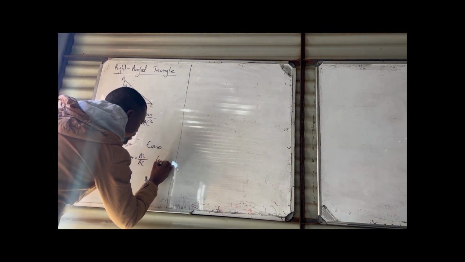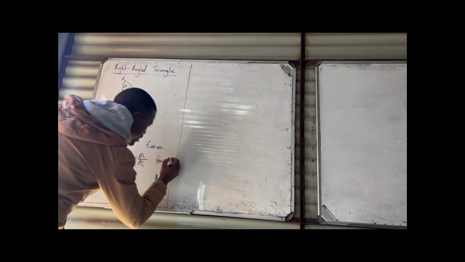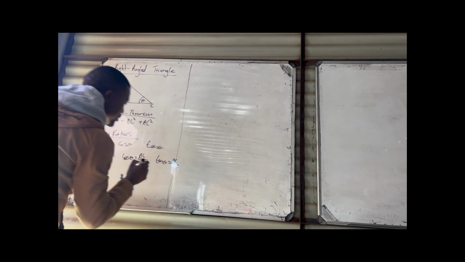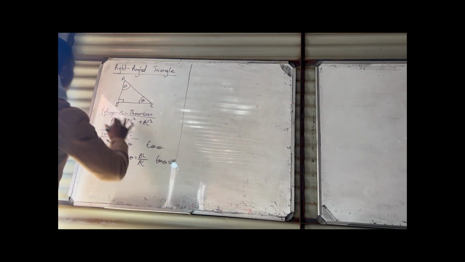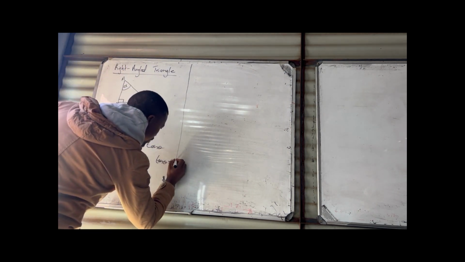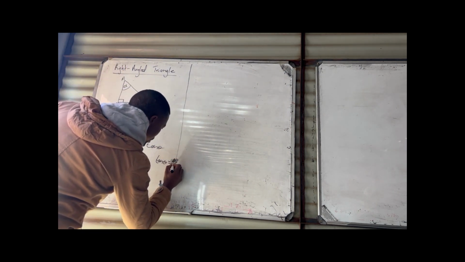Then tan theta is opposite over adjacent, which is AB over BC. This is what we know, correct?